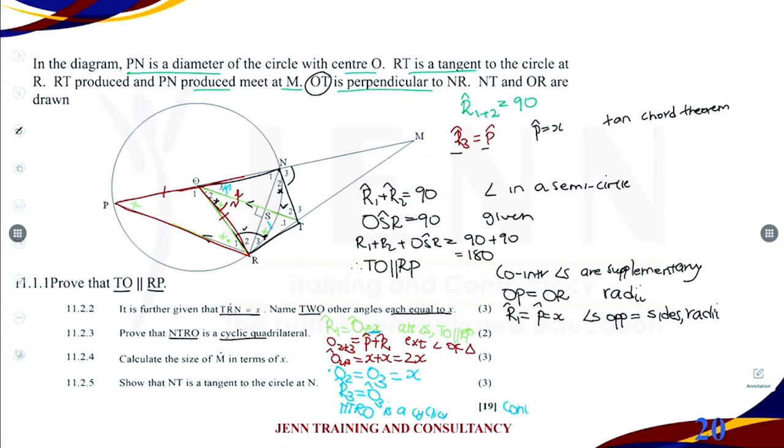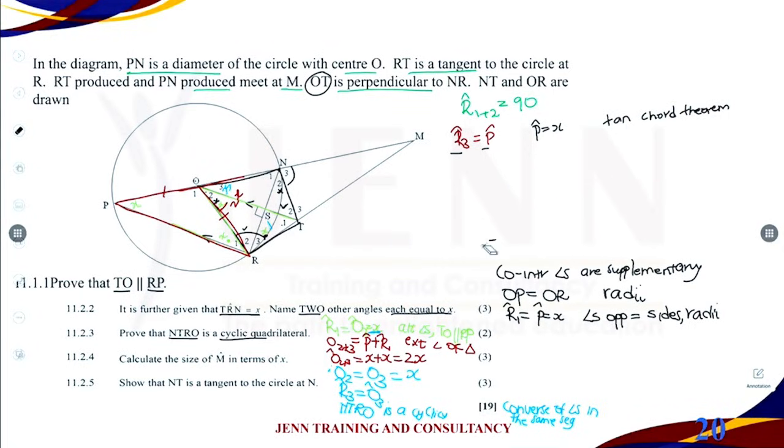So the reason will be by converse of angles in the same segment. So this is how you prove that a quadrilateral is cyclic. We have a cyclic quadrilateral when we have an imaginary circle.